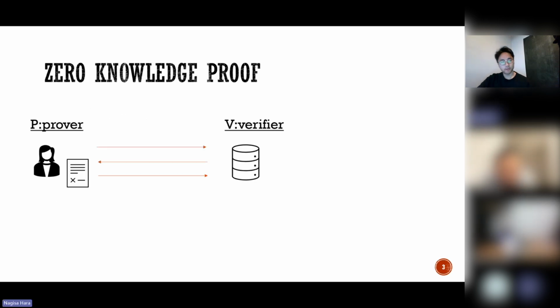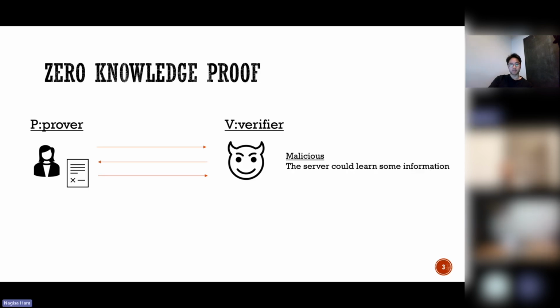And then if you consider the interactive proof system, you're also happy to have the zero knowledge property for such a proof system. What is zero knowledge? So basically, by interacting with the verifier, you might leak information about your witness. Usually, the witness is very sensitive information. You don't want to leak such information to the verifier, especially if the verifier is malicious.